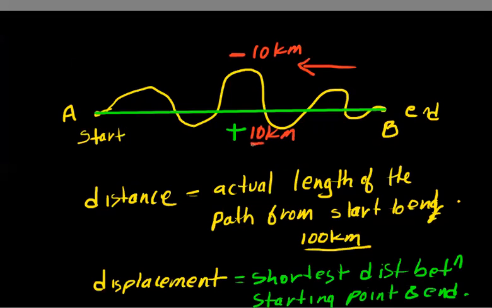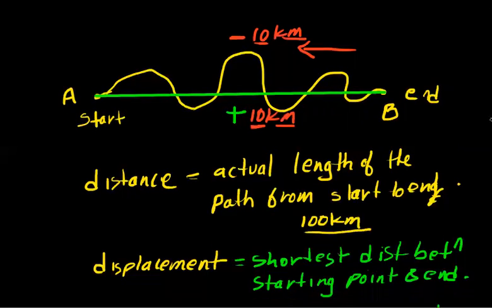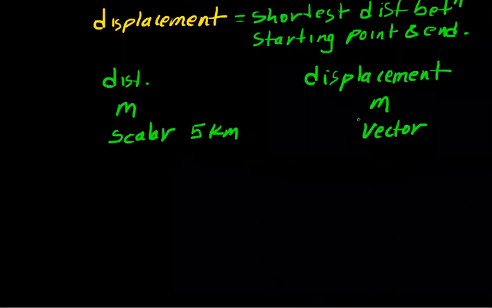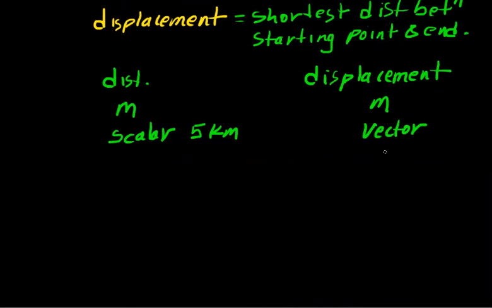The magnitude is same, 10 kilometers, unit is same, kilometers, but the sign is different. The sign tells us what is the direction of the displacement. Negative sign basically tells us it is in the opposite direction. So we can say displacement is a vector quantity. We have to mention what is the direction, plus 5 meters, or it can be minus 5 meters.